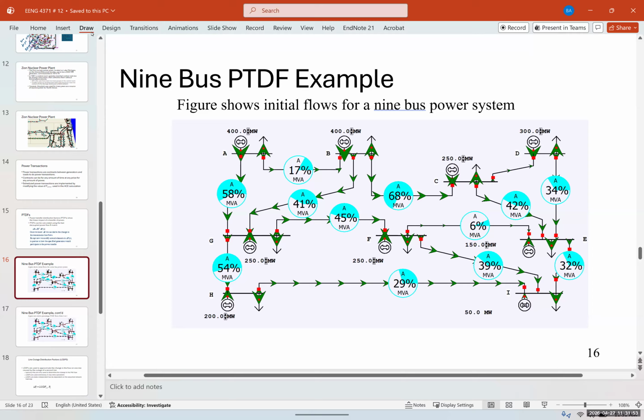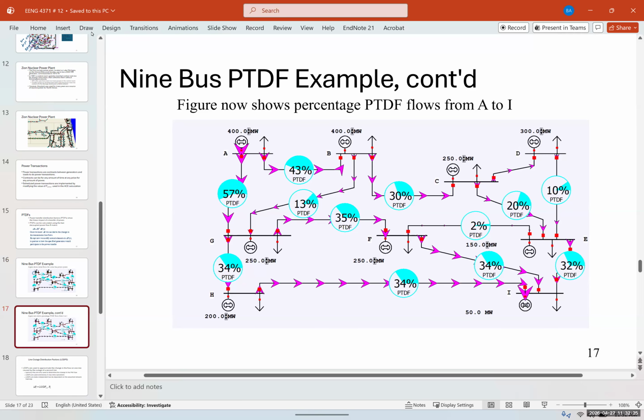Bus A, do you want me to draw it for you? From bus A to bus I, the flow on every line will change. The PTDFs tell us exactly how much each line will be affected. Lines along the most direct electrical path will carry the most flow. So that's the reason you can see between I, G, H, and I, that's the most direct flow that we have.